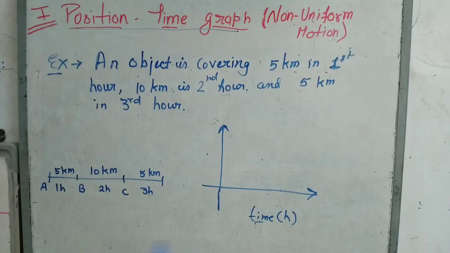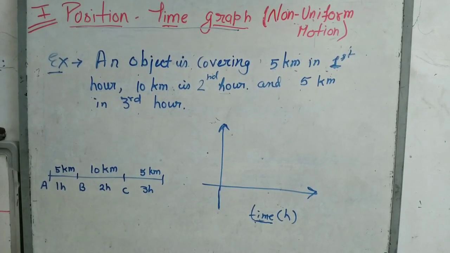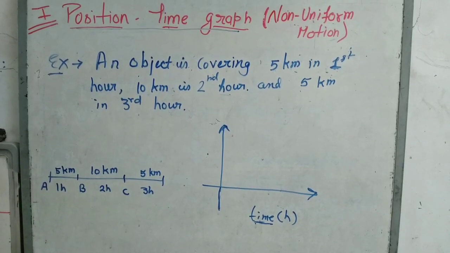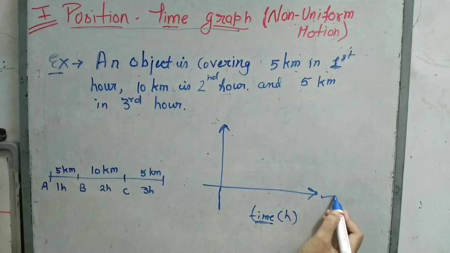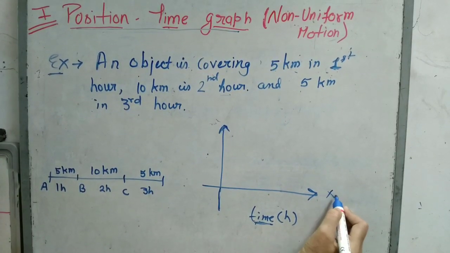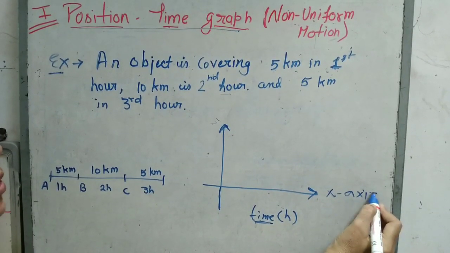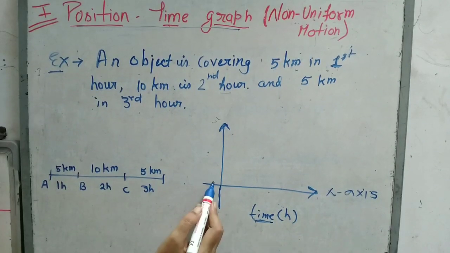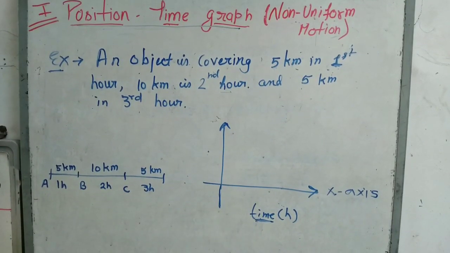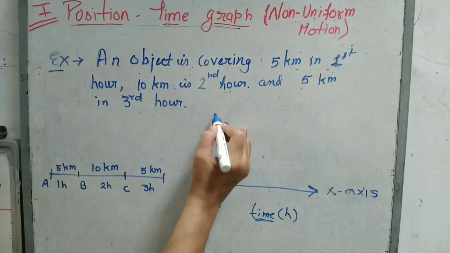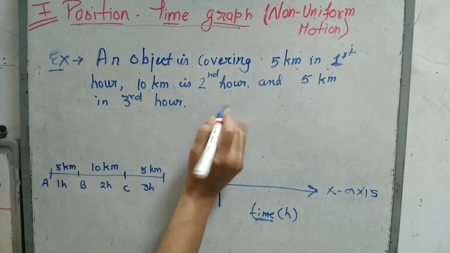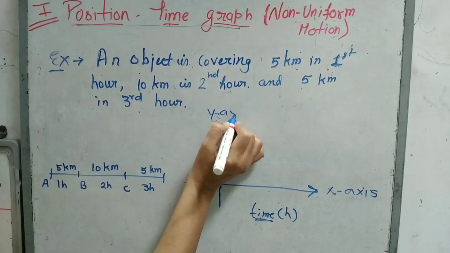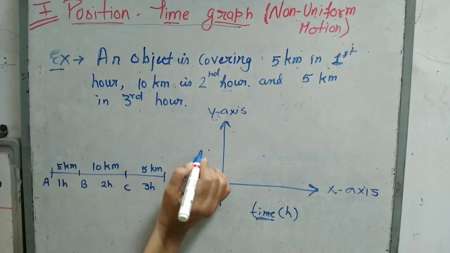So we can say time is a physical quantity which is independent. The quantity which is independent is always placed on the x-axis or horizontal axis. The quantity which is dependent on some other physical quantity is placed on the vertical axis or y-axis. Am I correct? So I am writing.